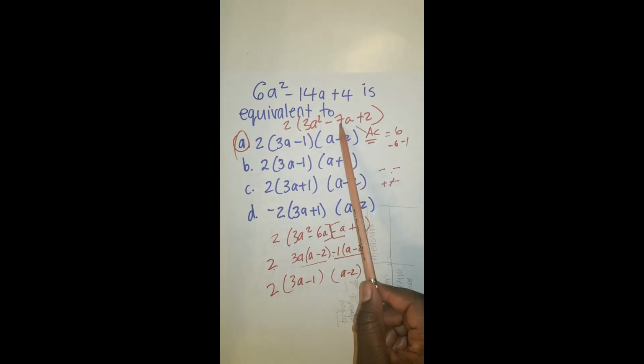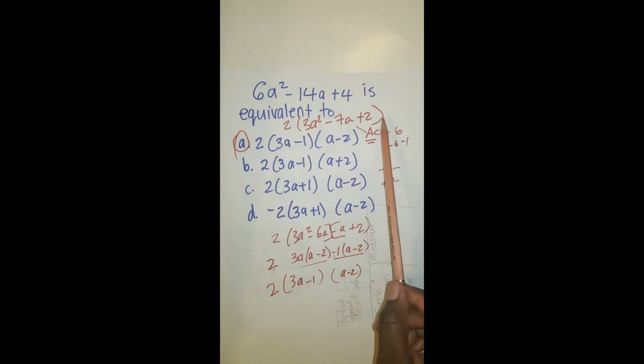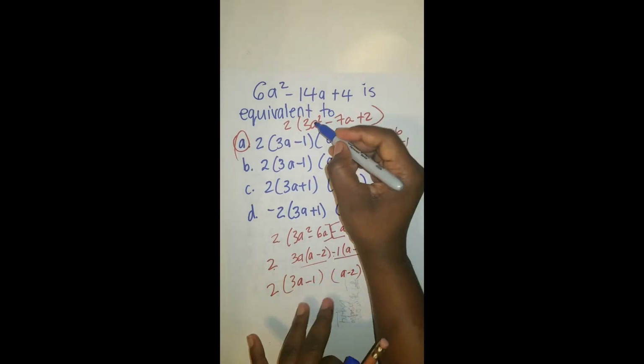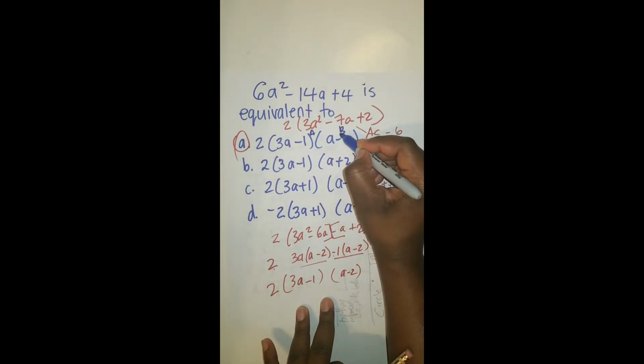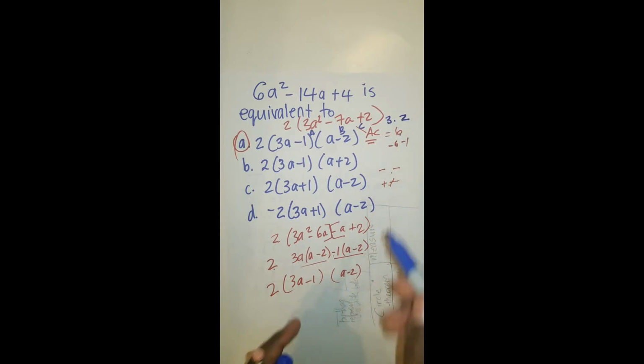So A, B, C. A is 3, C is 2. Let me put it up here, so hold on. So that's A, that's B, that's C. A is 3, C is 2, so 2 times 3 is 6.